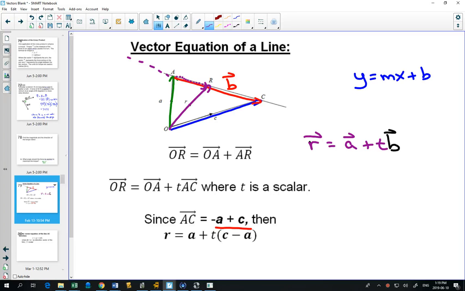And if t is every single number, we would hit every point along that line, and that would make a line, which is the same thing as your table of values does for a regular line. Every time you plug in x, you get another y value. And every single one would plot another point on the line. But instead of plotting points, we're finding position vectors that end on that line.